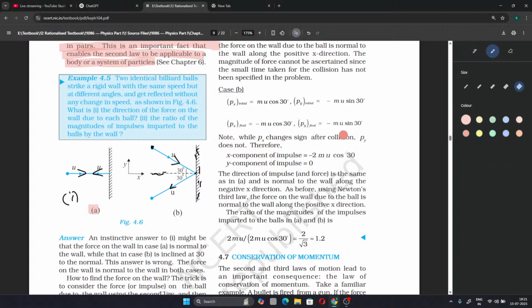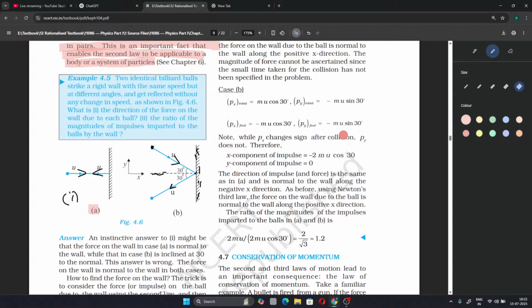Two identical billiard balls strike a rigid wall with the same initial velocity but at different angles, and they get reflected without any change in speed. In the first question, they are asking the direction of the force on the wall due to each ball, that is, the force that the ball applies on the wall.